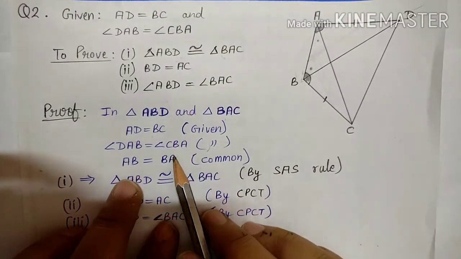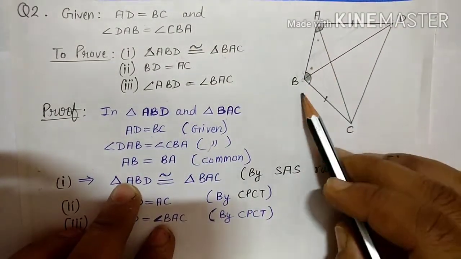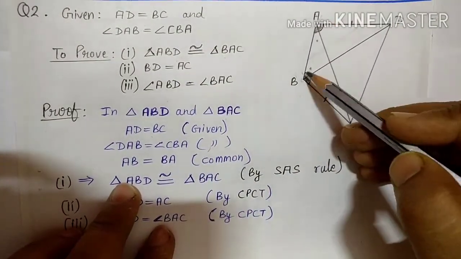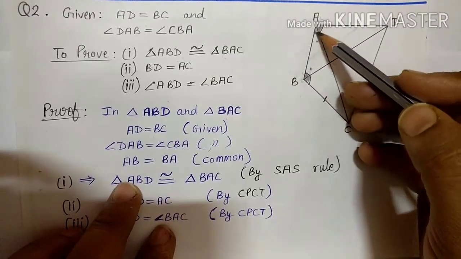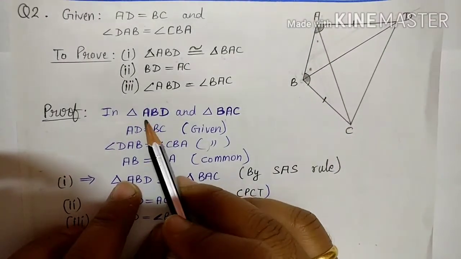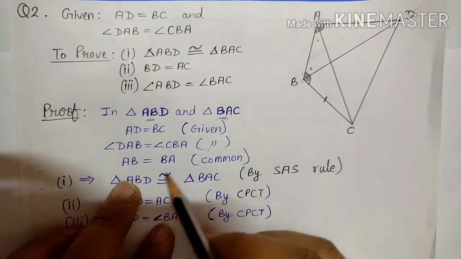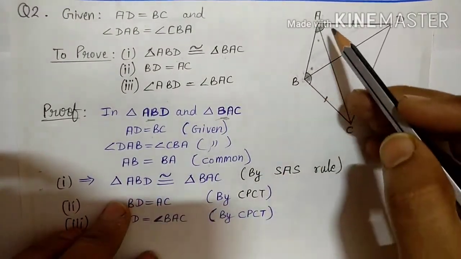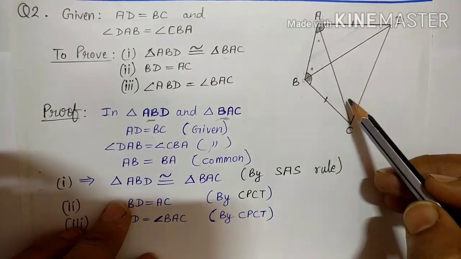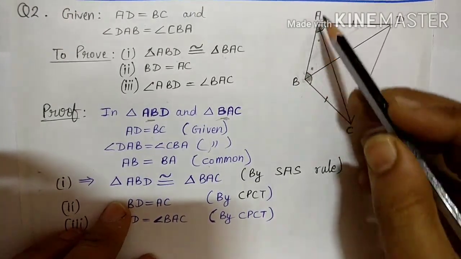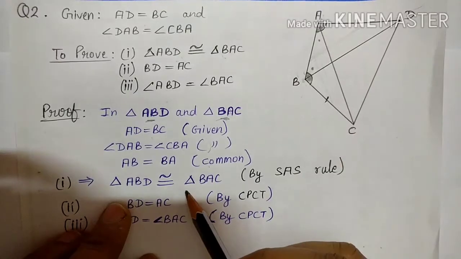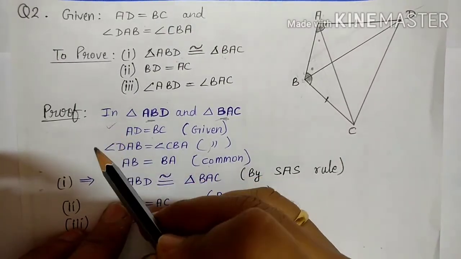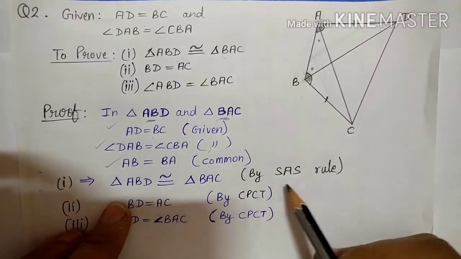Okay, and AB is equal to AB, or you can say BA. Both are the same thing, and it is common in these two triangles. AB here, also AB there. So by these three we can say that triangle ABD is congruent to triangle BAC by side, angle, side, SAS congruence rule.